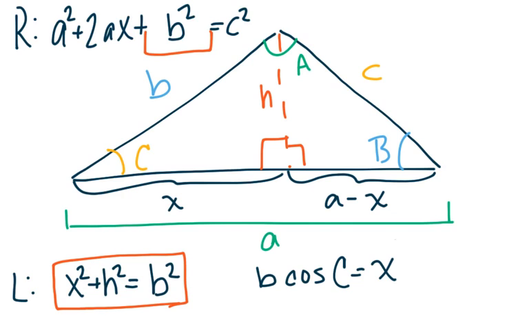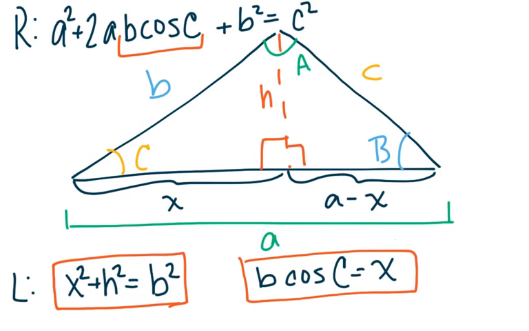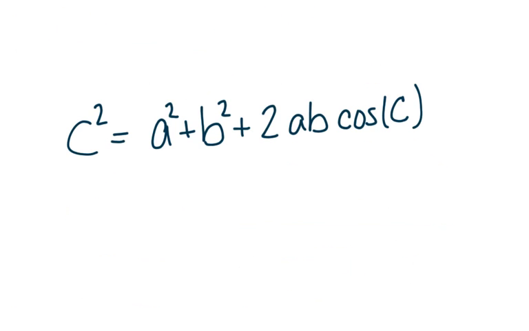So I can once again use substitution to replace this x in my right-hand triangle equation. And then I have a squared minus 2ab cosine of capital C plus b squared equals c squared. And this right here is our law of cosines.